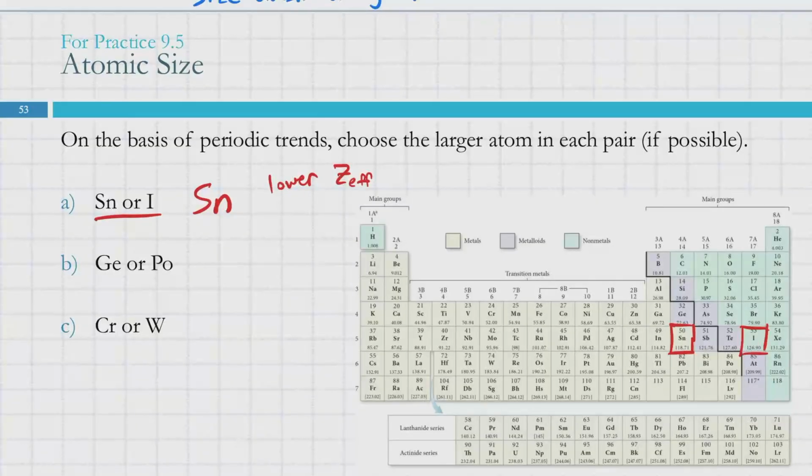Size increases right to left. And what about germanium versus polonium? Which one's bigger? Because they're not just up and down or left and right. Which one's bigger up, down? Po is bigger up and down. And which one's bigger left, right?